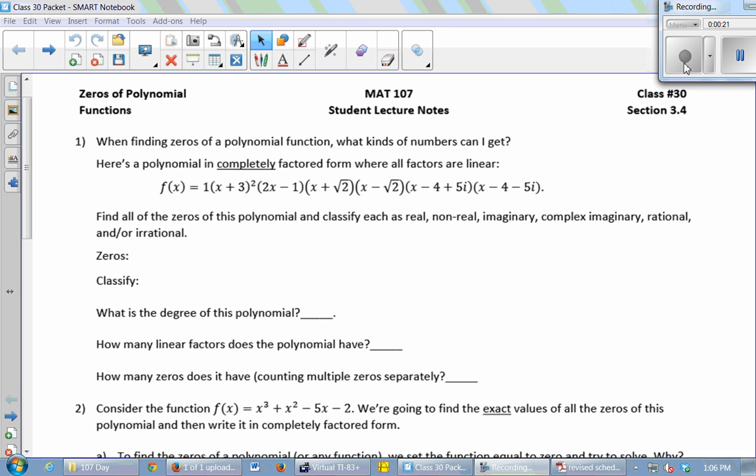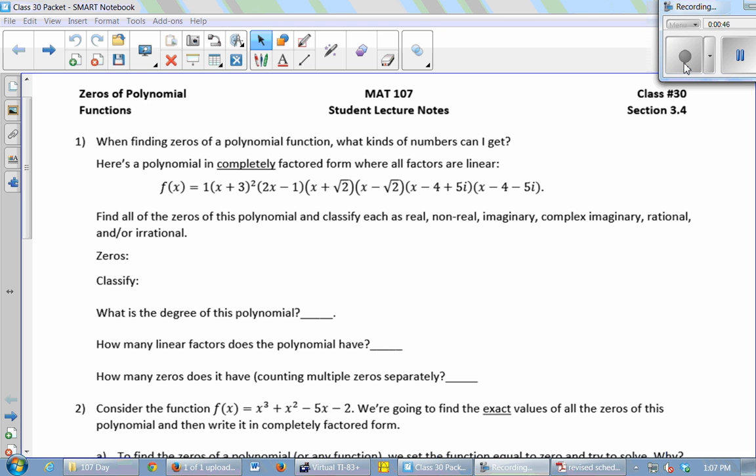Okay, so we are going to talk about finding the zeros of a polynomial function. When you're finding zeros, what kind of numbers can you get? If you have a function in completely factored form where all the factors are linear, that means the power on x is 1, or the factors look like mx plus b. Here's a polynomial in completely factored form.